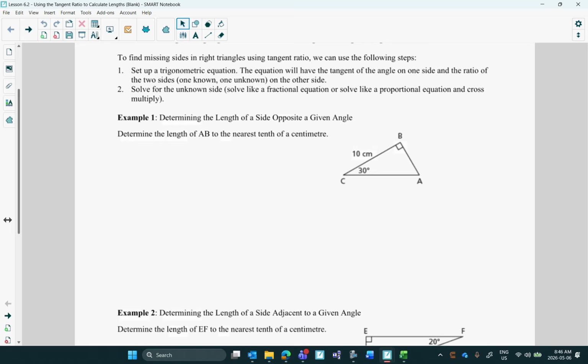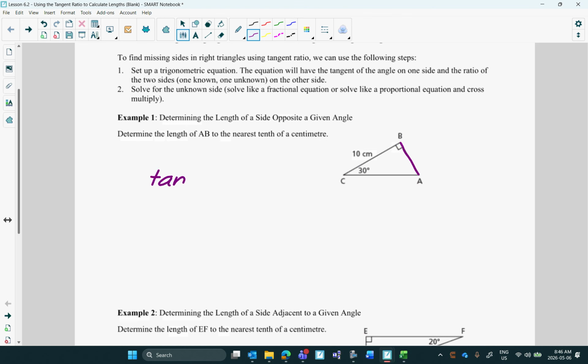So in this one, notice we're given one side, we're given one of the acute angles, and we're asked to find AB. So we're asked actually to find this side. First thing you do is set up your trig equation. Tan, and then angle.